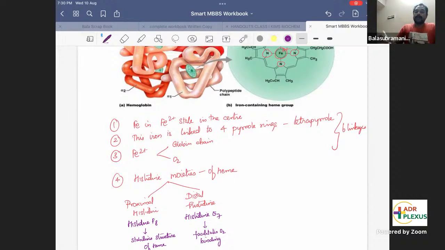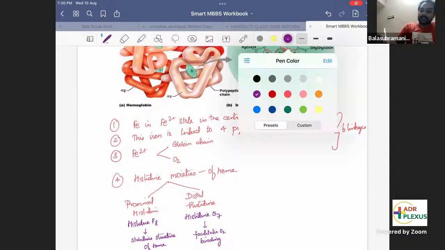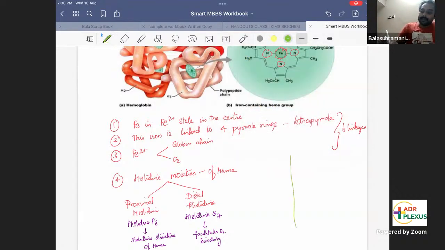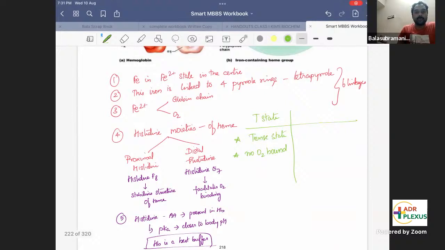Now, about the conformational structure of hemoglobin. Hemoglobin exists in two states: one in which oxygen is bound to the hemoglobin, and the other in which oxygen is not bound. The state in which there is no oxygen is called the T state, or the tense state. Tense state, no O2 bound.